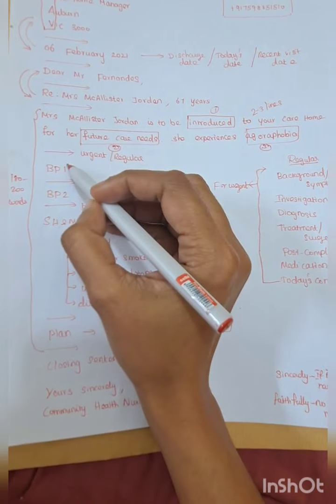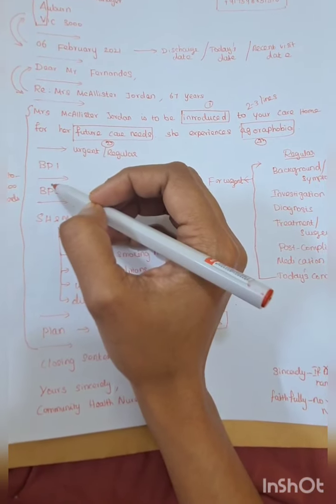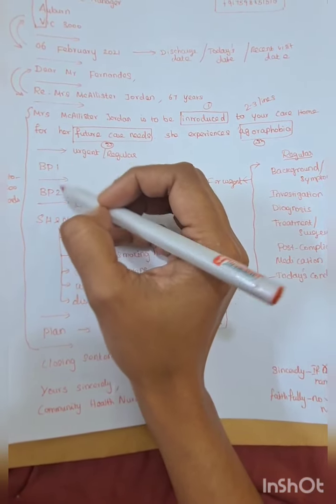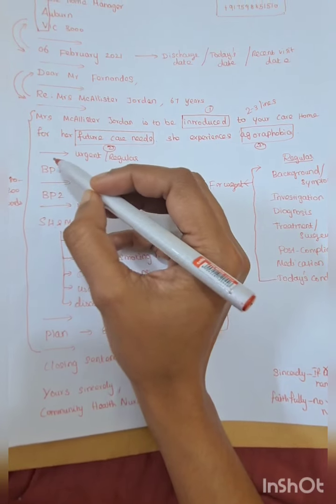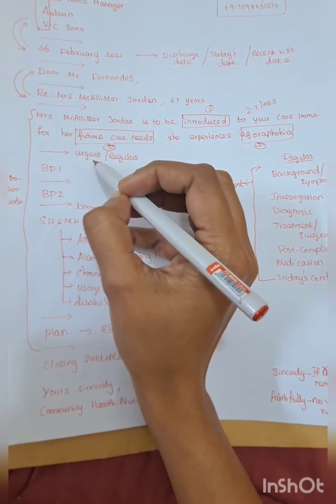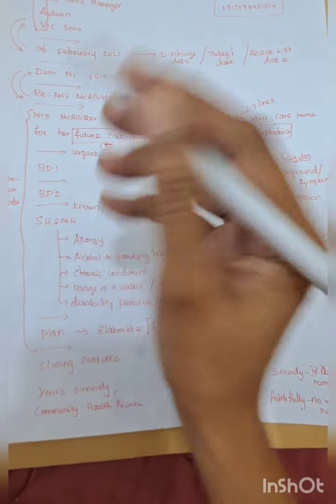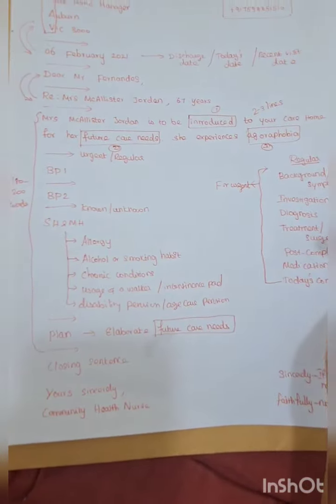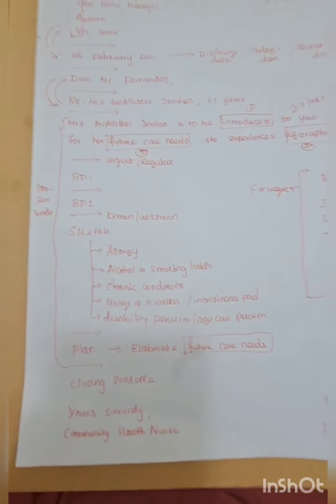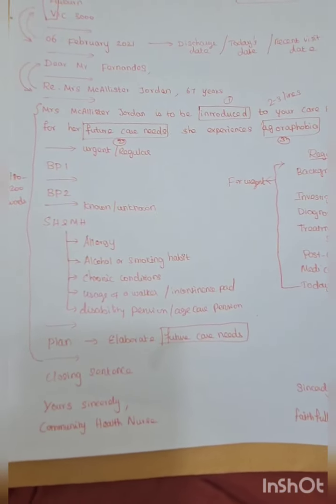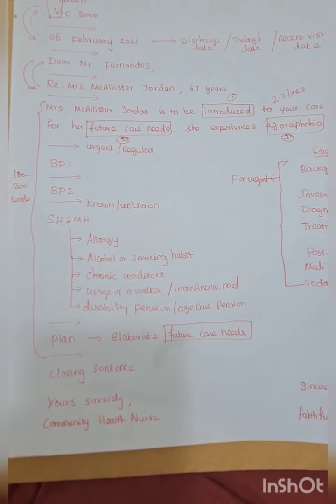Next comes your paragraph where you are going to concentrate. So before going into these paragraphs, you are going to check whether it is an urgent letter or a regular letter. I didn't fill in this paragraph because it changes according to the patient. But what kind of information are you going to include in this paragraph?